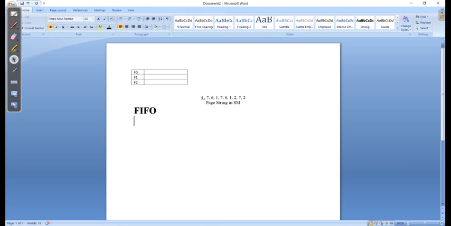Let me assume one variable here, number of page faults, under which we will compute the number of page faults which will occur in the entire process.